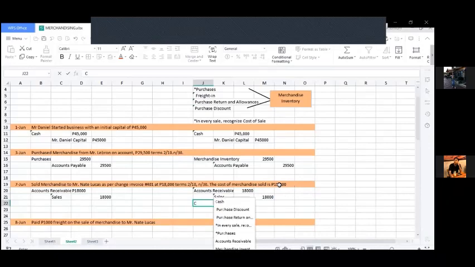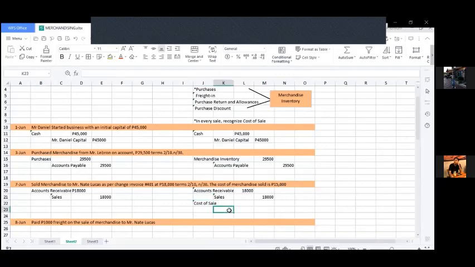So cost of sale and merchandise inventory.